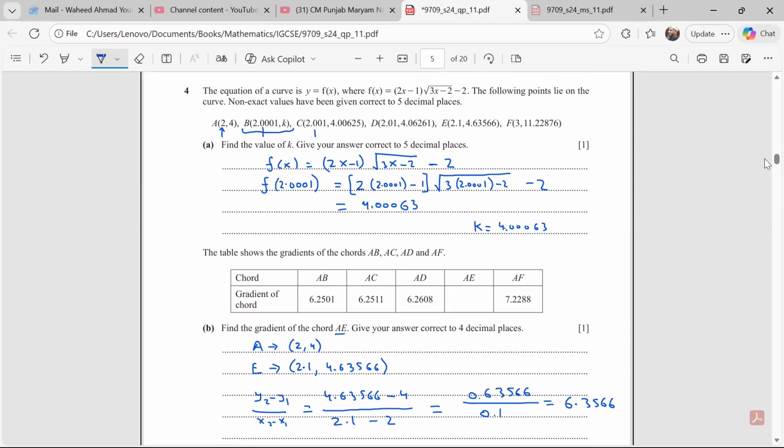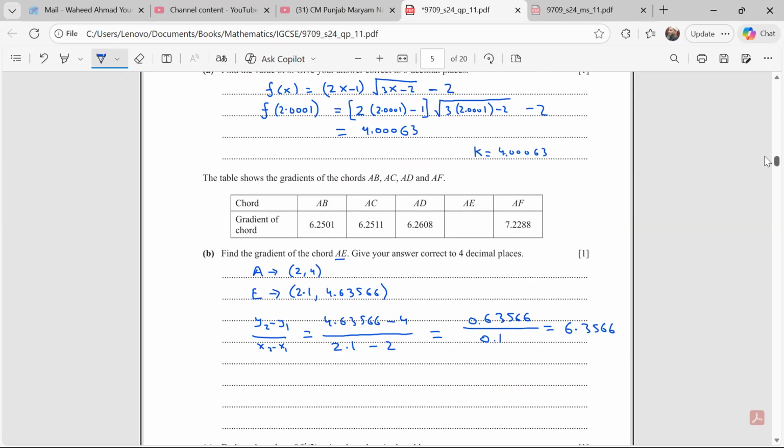Here it is 2.01, 2.1, and 3, right? So the closest of all these points is B. So we need to look into the slope AB. The slope of AB will give you the derivative at 2 to the closest value. So that's why I will use this slope.